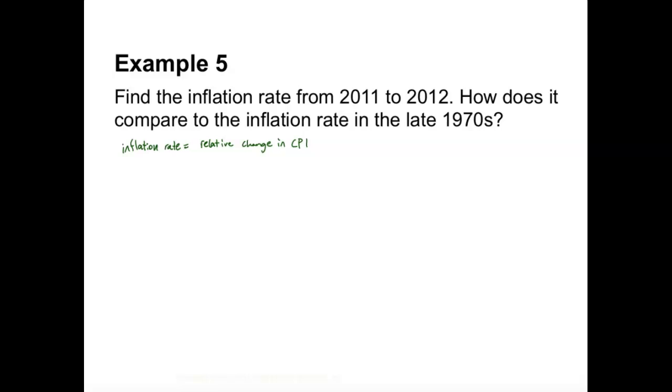And so the way you would compute relative change, remember, specifically in CPI, is you would take your CPI new, subtract your CPI old, and then you're going to divide that by your CPI old. Okay?